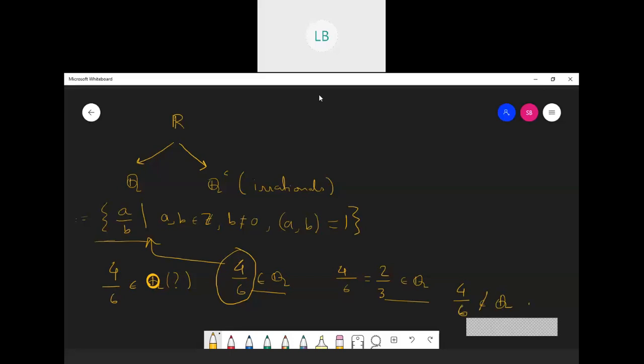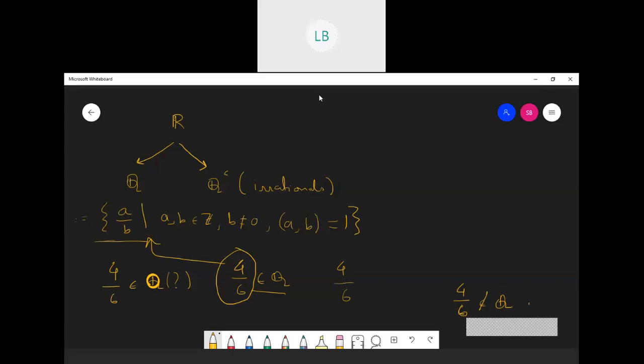Now the question is: is 4 by 6 a real number? This thing I'm discussing right now is a very common ambiguous thing, so just be clear with this. We came to the conclusion that 4 by 6 can't be rational. Some weird conclusion, obviously.